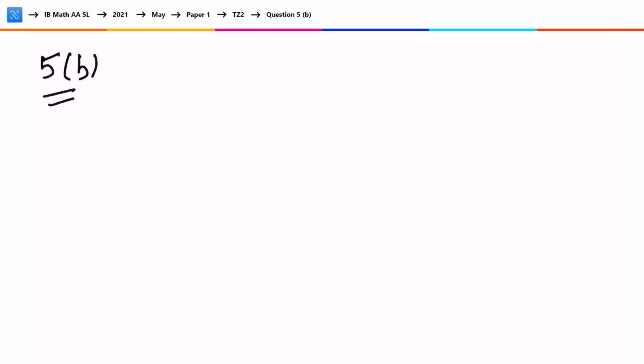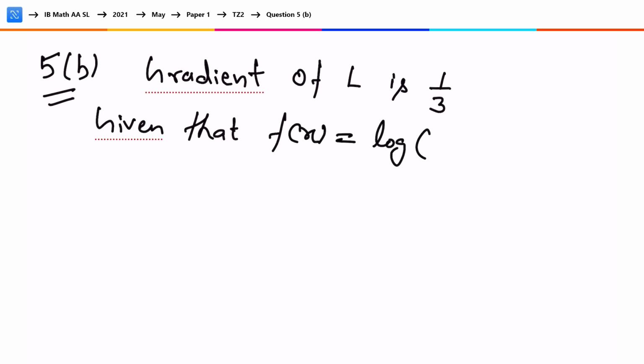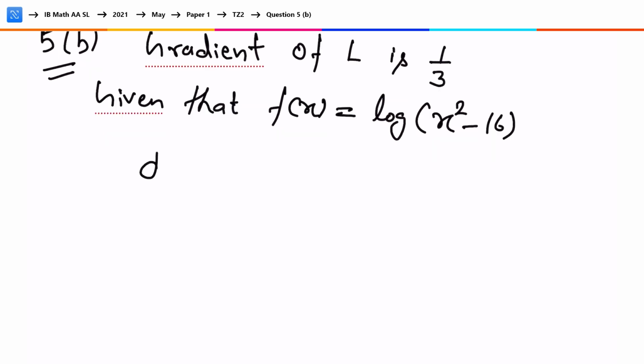We are given that the gradient of the line L is 1/3, and we need to find the value of x, given that the function f of x is equal to the logarithm of x squared minus 16. First, let's differentiate f of x with respect to x.